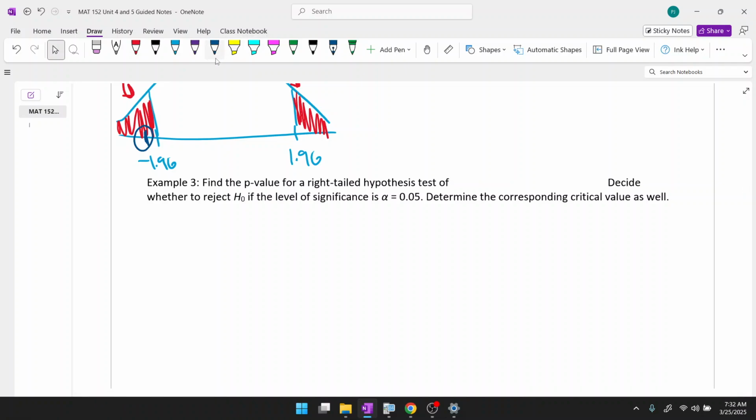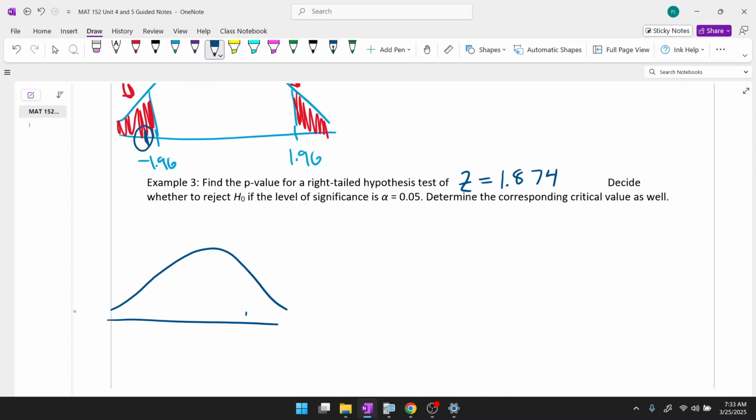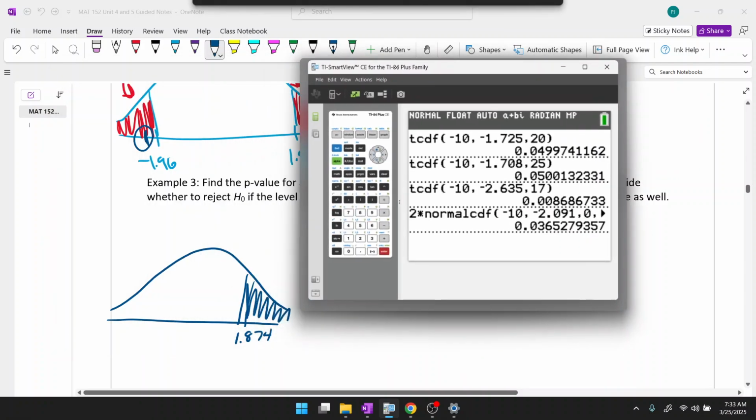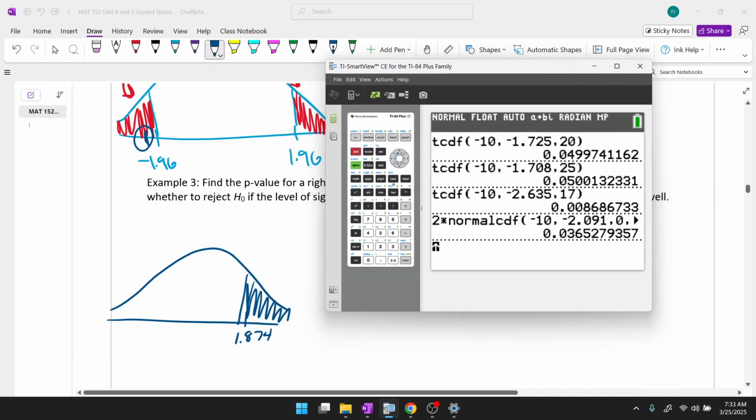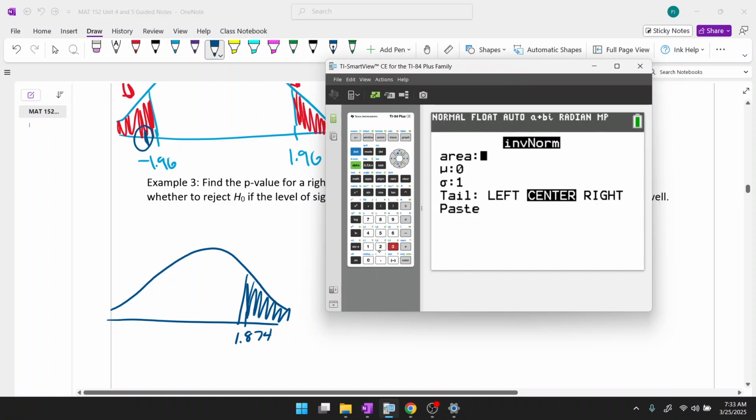Now, let's do a right-tailed test where z will be 1.874. Since this is a right-tailed test, all you have to do is figure out this area to the right of 1.874. You would just simply normal CDF that yet again. Oh, not inverse norm.